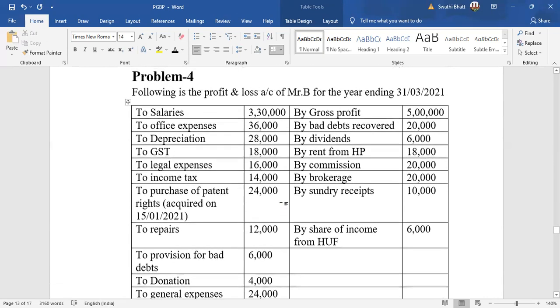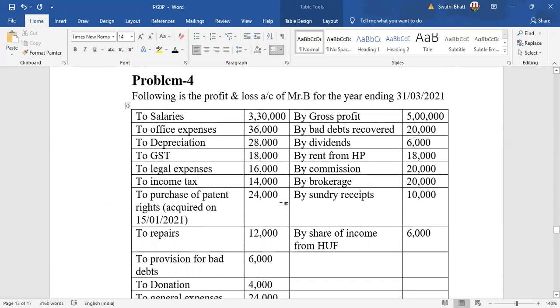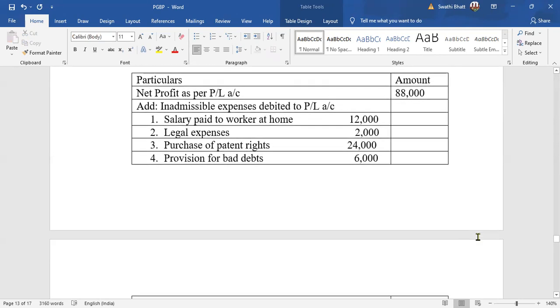Please remember, in your profit and loss account, if you have any capital expenditure regarding purchase of any asset, you should be calculating depreciation on those assets, whether it's given to you in the additional information or not.